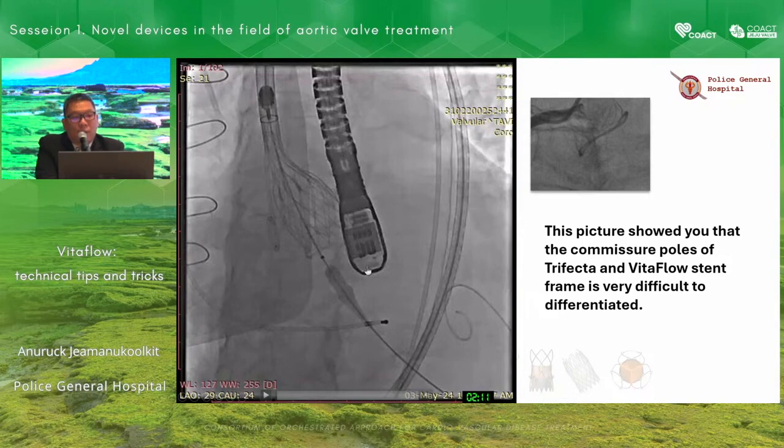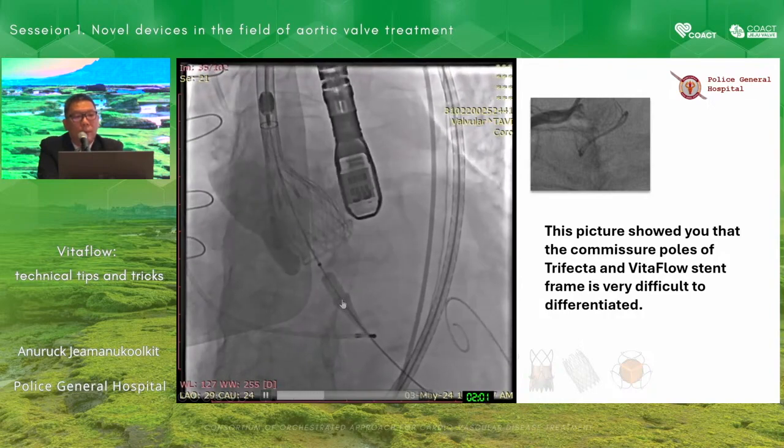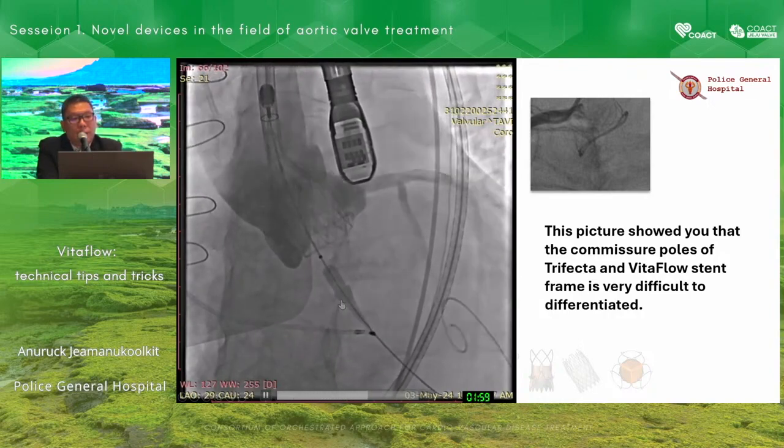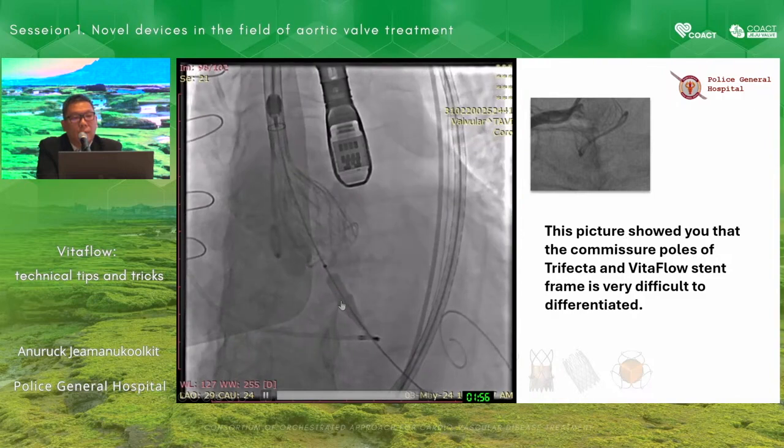Because it's a valve in valve, they worried that we could not cross the valve directly, so they recommend us to use the snare. And this is the position that I put in. I think it's a little bit high, but it worked very well.